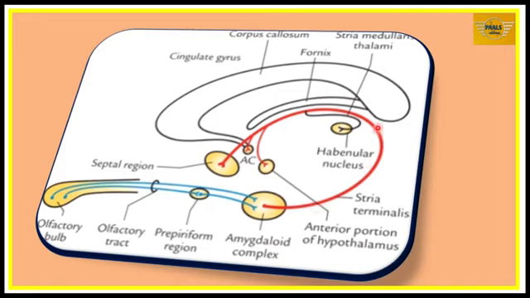It gives connections to, one, the habenular nucleus, which is seen in the epithalamus through this fiber that is called the stria medullaris thalami. It will also give connections to these other structures, one to the hypothalamus, the anterior portion of the hypothalamus. It also gives connections to the septal region, and then here is to the anterior commissure.